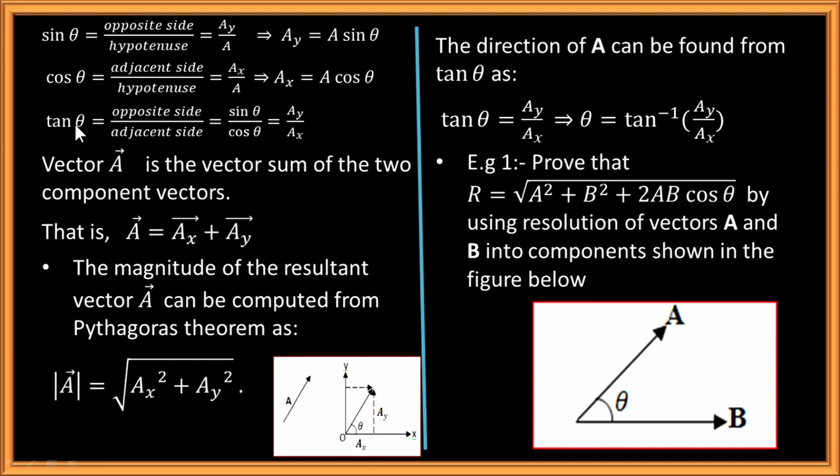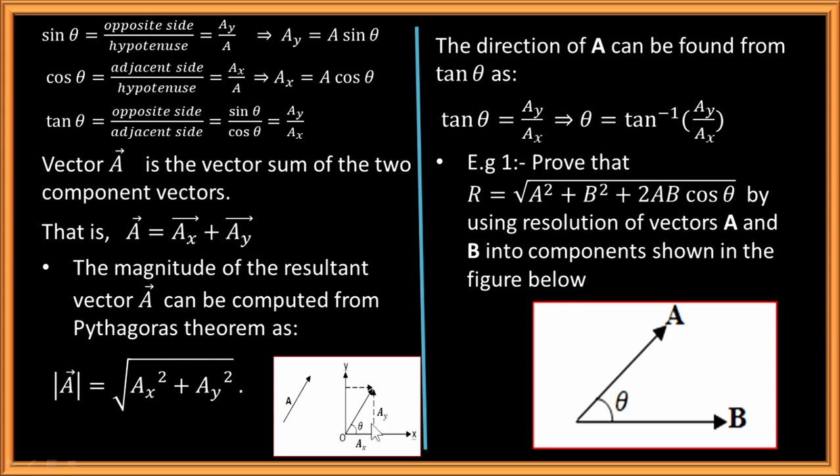Tan theta is equal to opposite side over adjacent side, or simply sin theta over cos theta, which is Ay over Ax. Look here, Ax is the adjacent side of theta, Ay is the opposite side to theta, and A is the hypotenuse side.